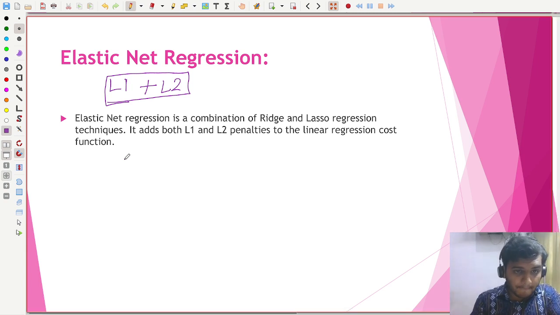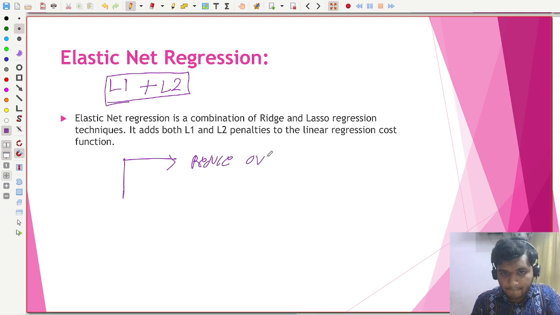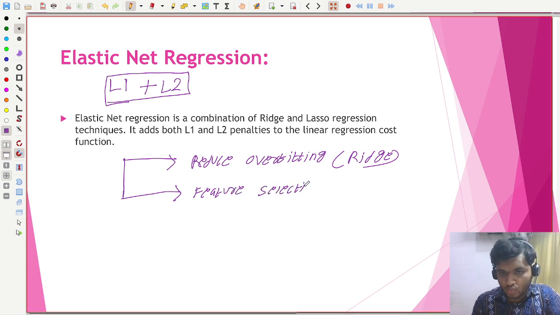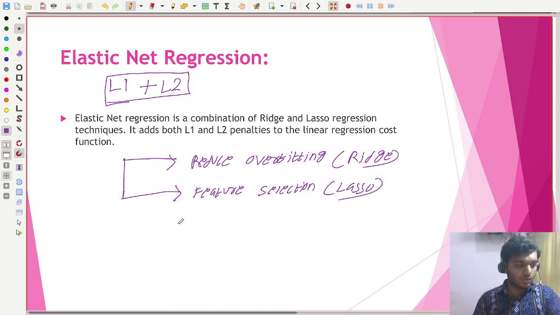Okay, so here L2 is used to reduce overfitting, that is ridge regression, and for feature selection, we will use lasso regression. Okay, so here the cost function is a combination of ridge and lasso.